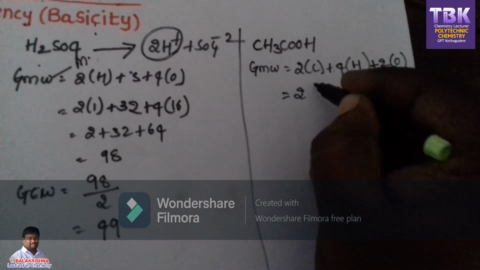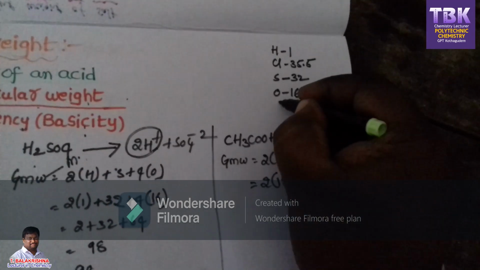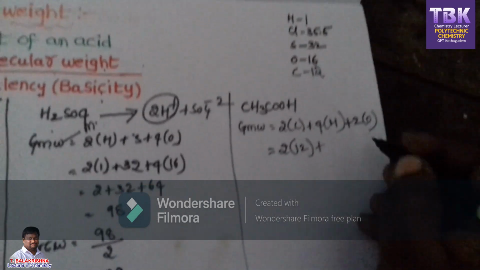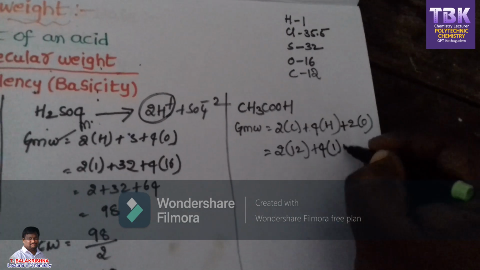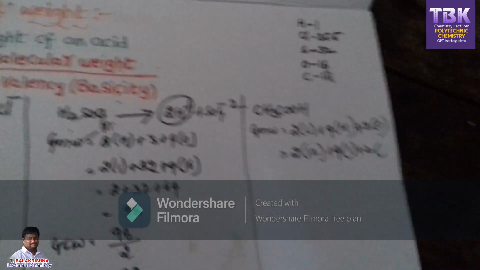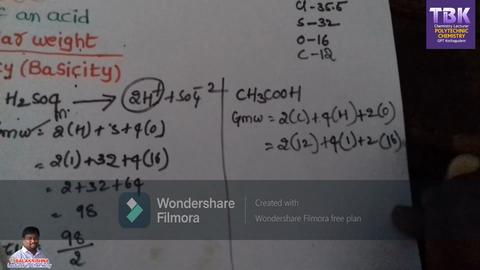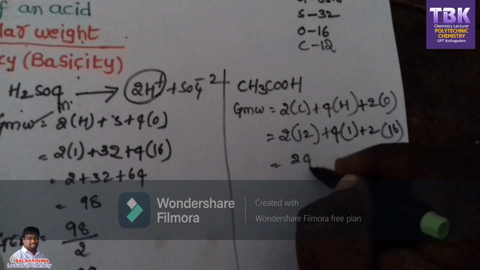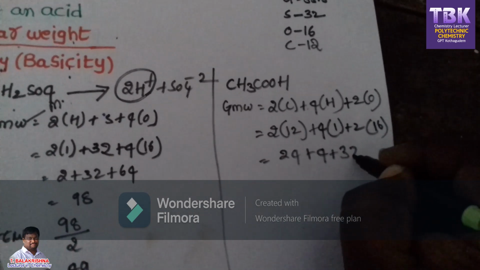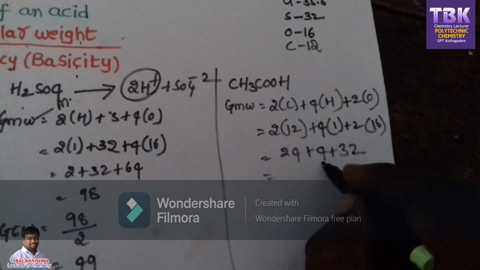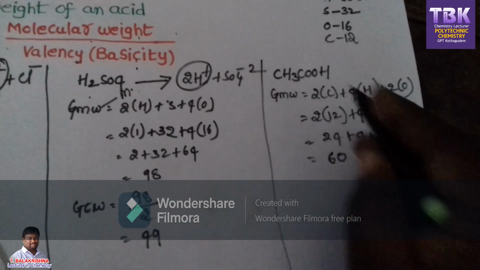Carbon atomic number 6, weight 12, you remember. Hydrogen 1, oxygen 16. So 24 plus 4 plus 32, total 60. So 60 is the gram molecular weight of acetic acid.